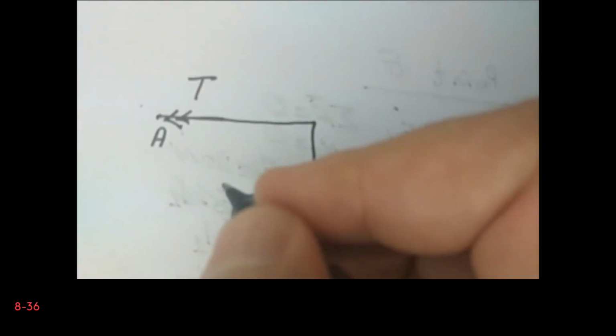Of course this is a little bit idealized. So next thing is we have a support reaction in both directions, FAY, and also in positive X direction, FAX. I assume that the forces are all positive.